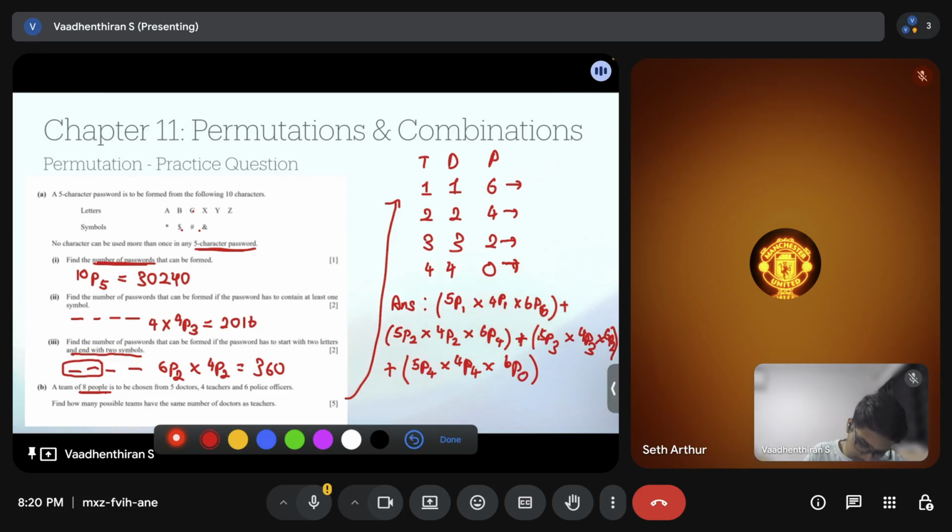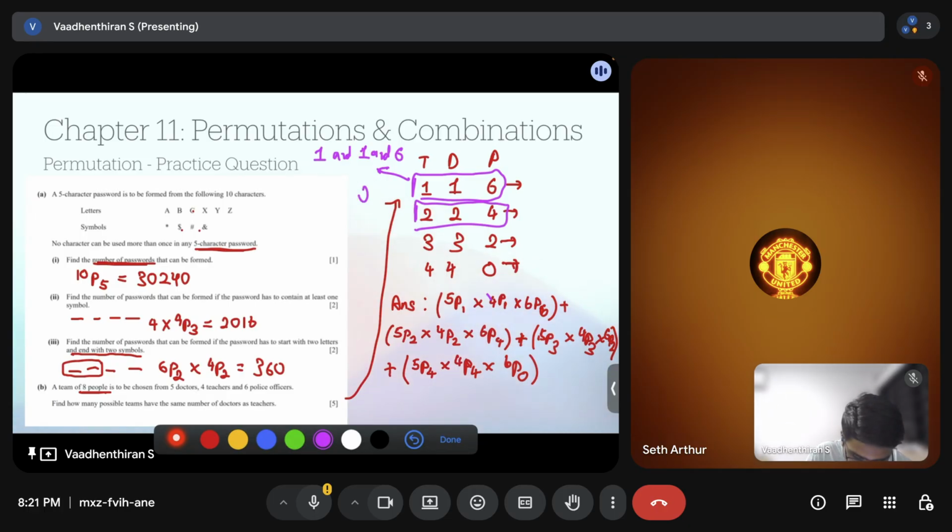So one more thing: when to use multiplication and when to use addition. Whenever there is an "and", this whole set comes under one, so one and six, right? Whenever there is an "and" component, you use multiplication. Then these sets, this can come or this can come.